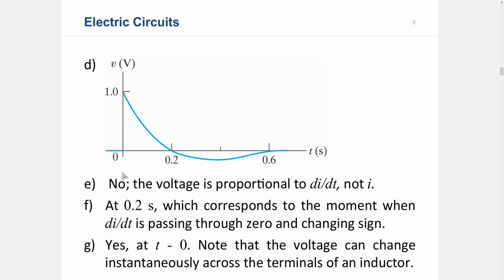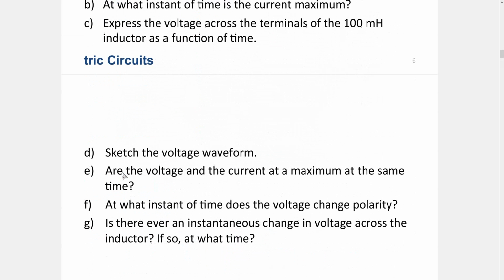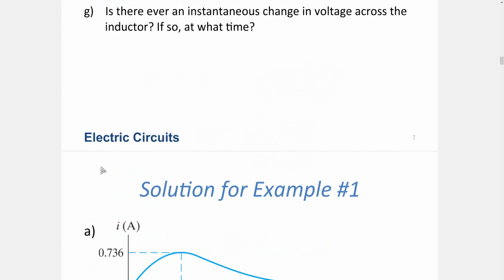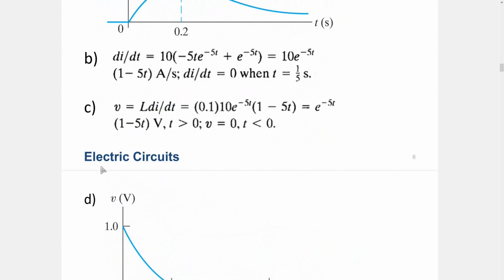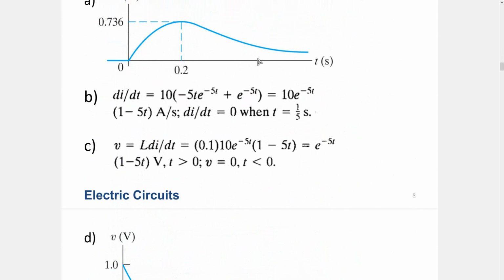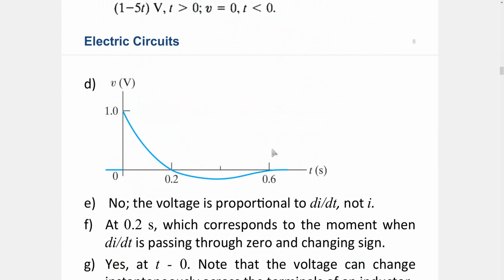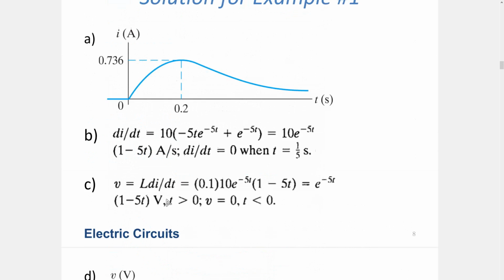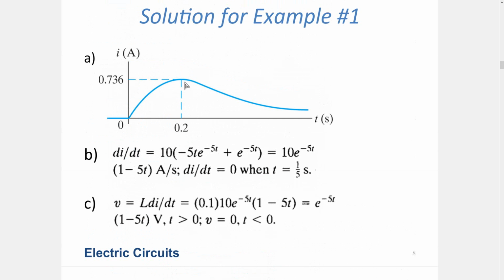Now, for question E, the voltage and the current are not maximum at the same time. As you can see, here we have the current waveform, and here we have the voltage waveform. If we align them in time, the voltage maximum is at t equals 0, and the current maximum is at t equals 0.2.